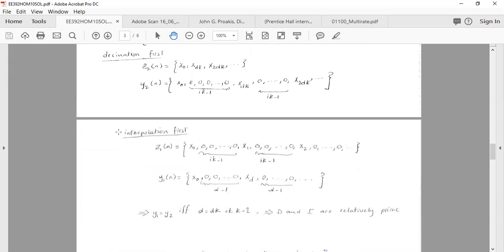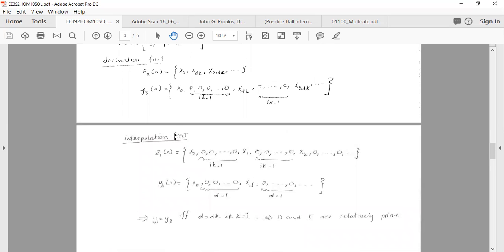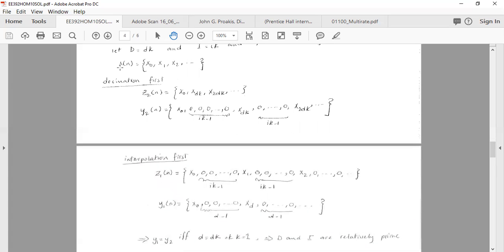Now, if we were to do interpolation first, in this same sequence x of n, after each and every term, we add ik minus 1 number of zeros. So x naught, and then you have a set of zeros, then we have x1, a set of zeros, and so forth.